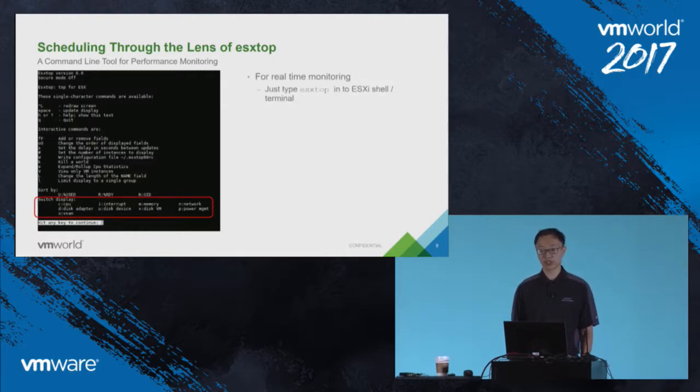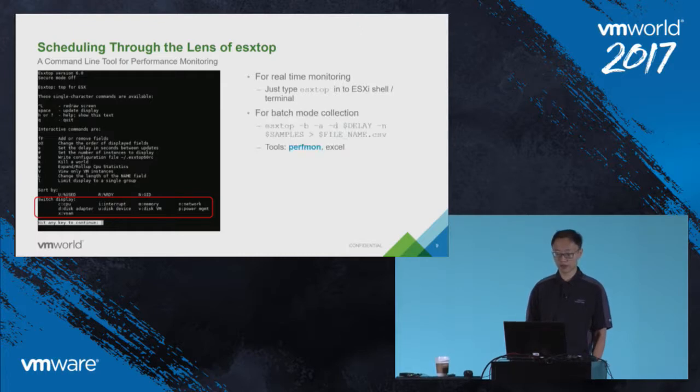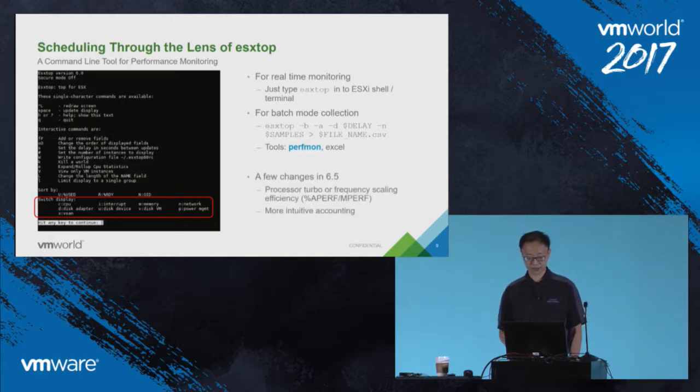For real-time monitoring, just type ESXTOP into the shell or terminal, and you'll get this screen. And batch mode is a useful tool to help you collect stats for offline study. You can specify how many snapshots to collect, and each snapshot is apart by X number of seconds. And perf mode is a great tool to analyze those offline statistics.